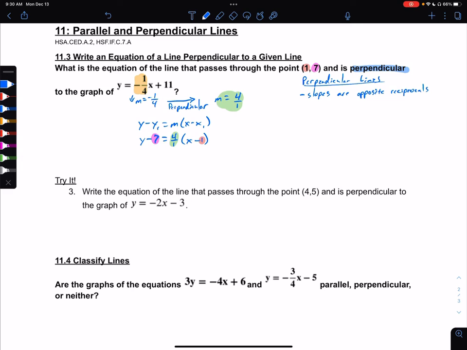Technically, they just asked us for an equation, so we could stop there. Just for practice, I'm going to put this in slope-intercept form. So we'd have y minus 7 equals, distribute that 4, so I get 4x minus 4, and then I would add 7 to each side. So y is equal to 4x plus 3. Again, notice that they just asked you for an equation, so you could stop here.